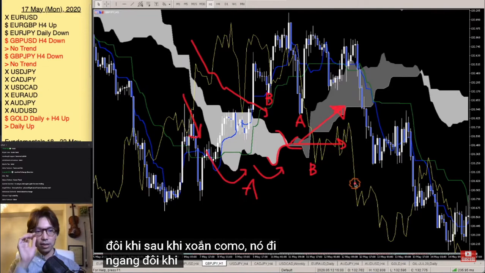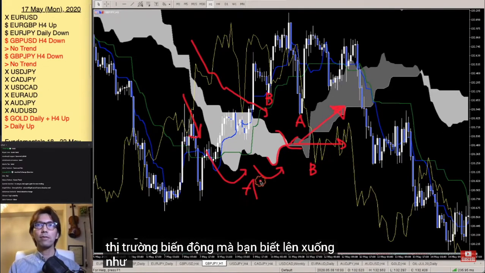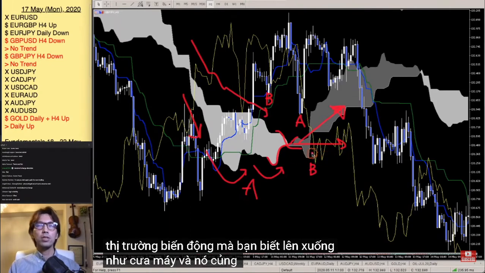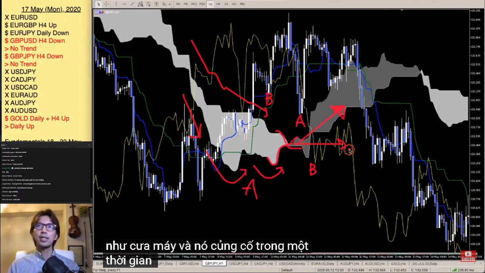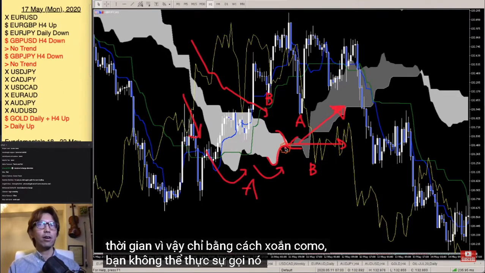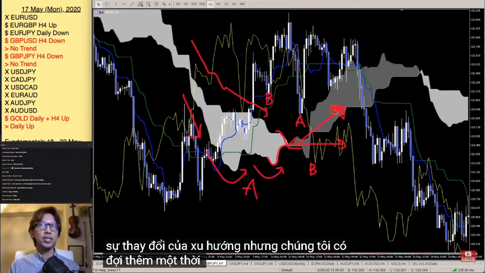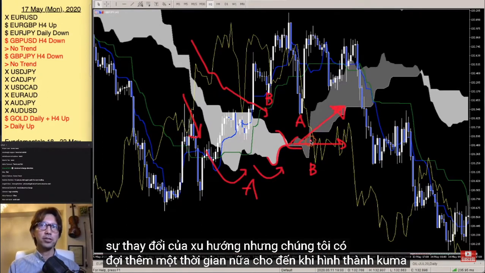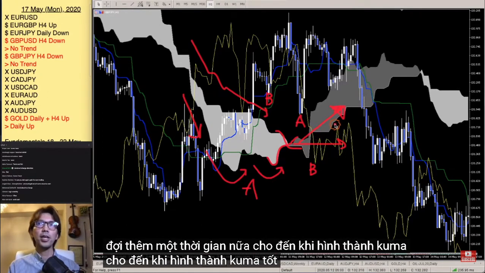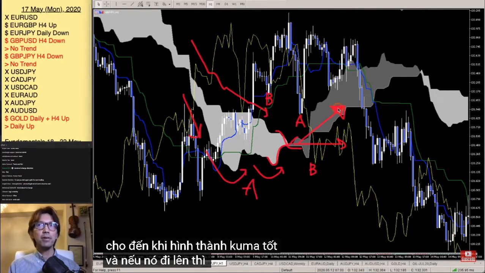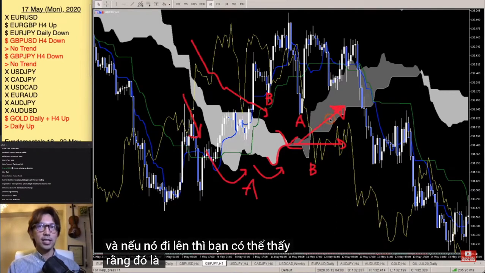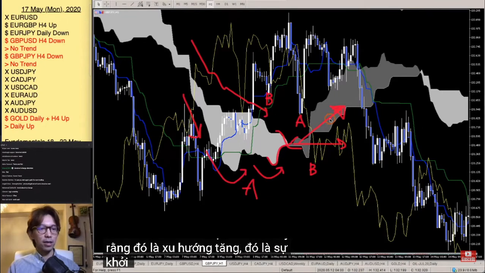All right, and the market fluctuates up and down like a whipsaw, and it consolidates for a while. So just by the Kumo twist itself, you cannot really call it a change of the trend. But we have to wait some more time until the decent Kumo formation, right? And if it goes upwards, then you can see that that's the beginning of the uptrend.